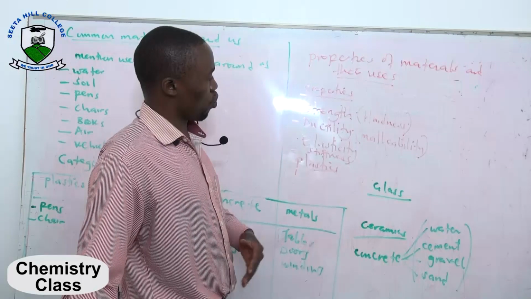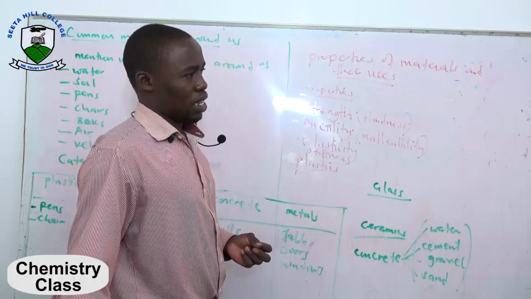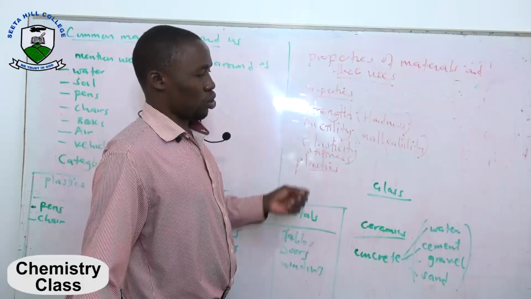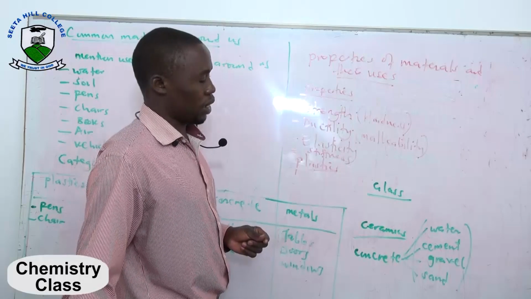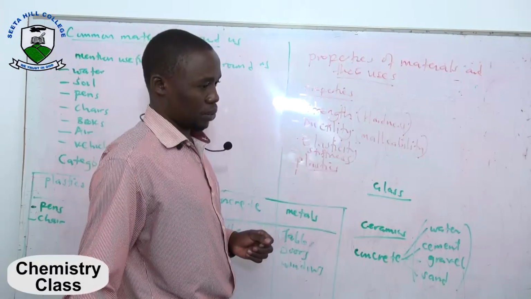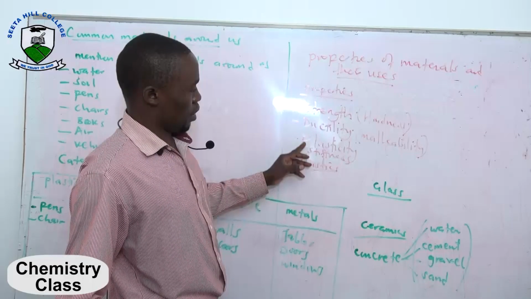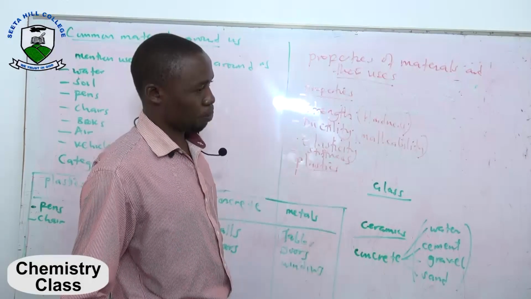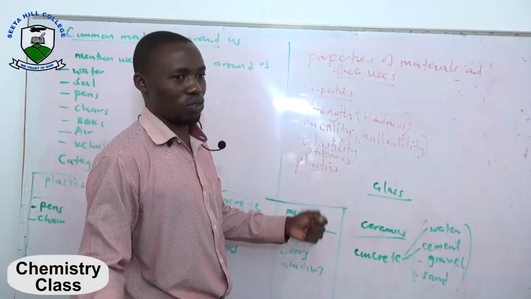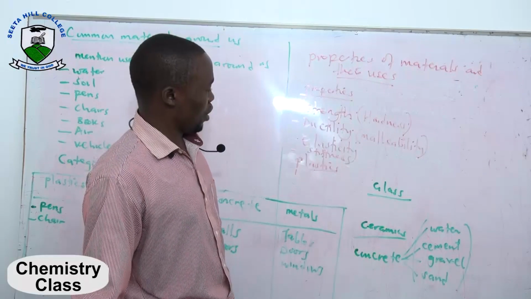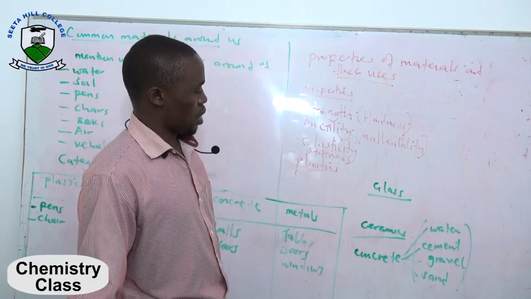So is concrete ductile, or can it be designed into other shapes? It's only metals which are ductile or malleable. They can be bent into other shapes or drawn into other things. Is concrete elastic? It's not. You can't pull apart concrete, you just split it. Is concrete stiff? It is stiff.